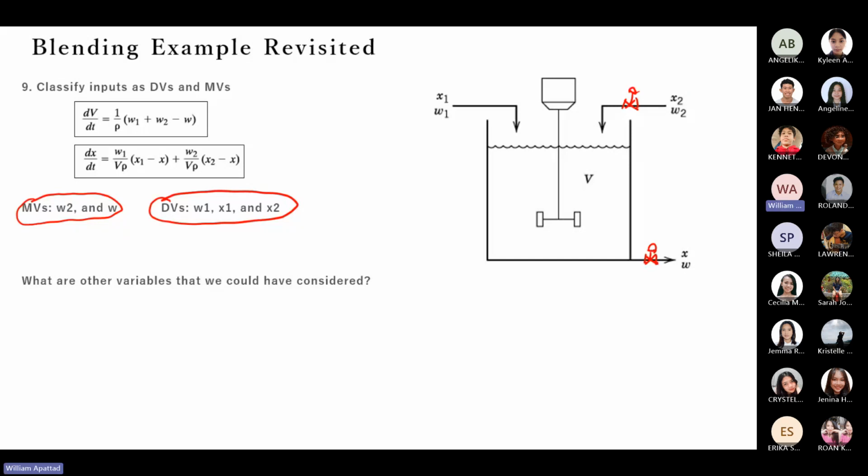ang tanong dito, what are other variables that we could have considered para maiba ang ating model equation? Okay, so what are some alternative models that we could have considered?